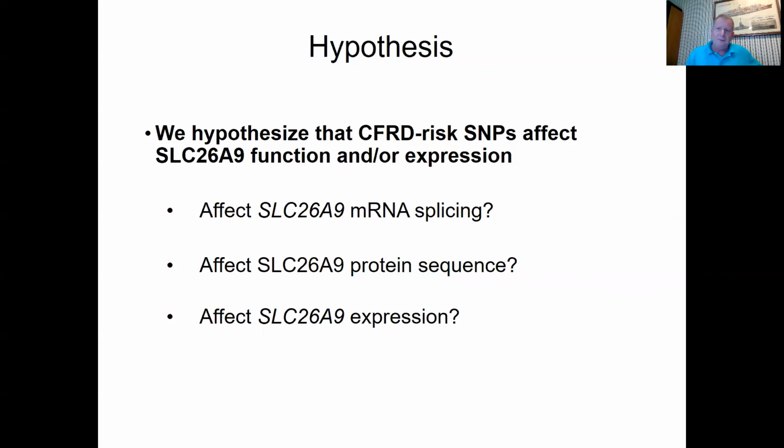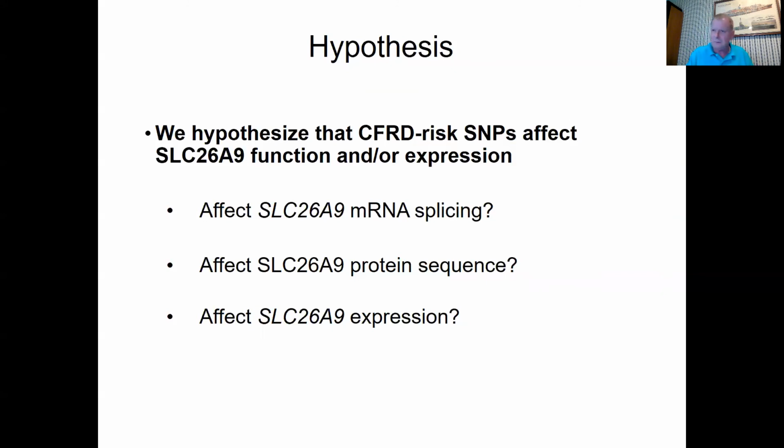But I think it was reasonable to start with A9, given the evidence I've shown you biologically, its role in CF tissues, to start thinking that A9 was likely to be implicated in this modifier effect. But I must say there is a possibility other genes might also be implicated in that same region. But we focused on A9 as a starting point.